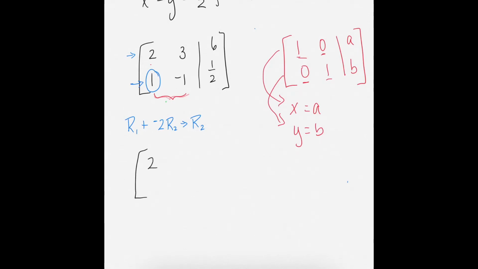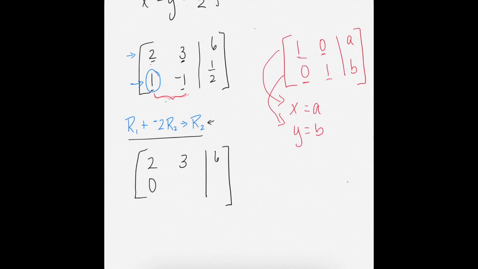I'm not making any changes at all to row 1. It's 2, 3, 6. It stays as is. But for this one, I'm going to replace my row 2. This is what I'm operating on. So I say row 1, which is 2, plus -2 times 1. That gives me 0.